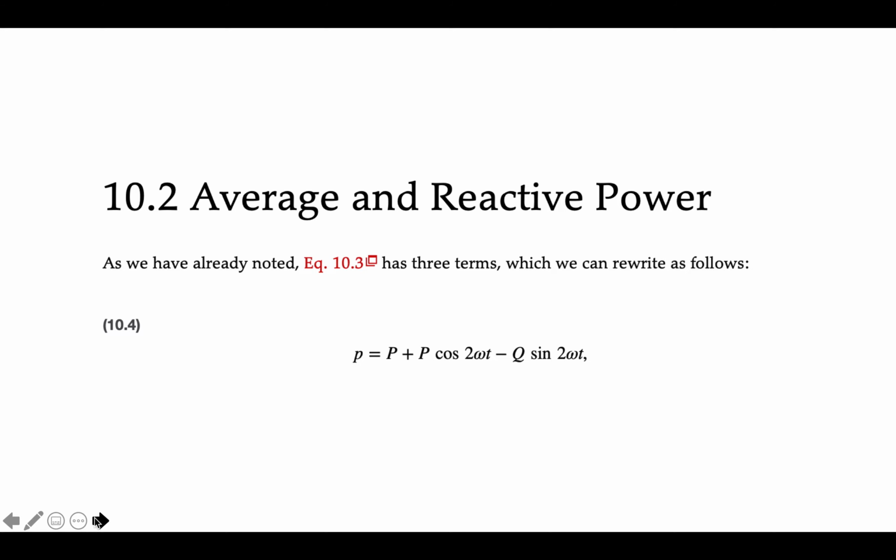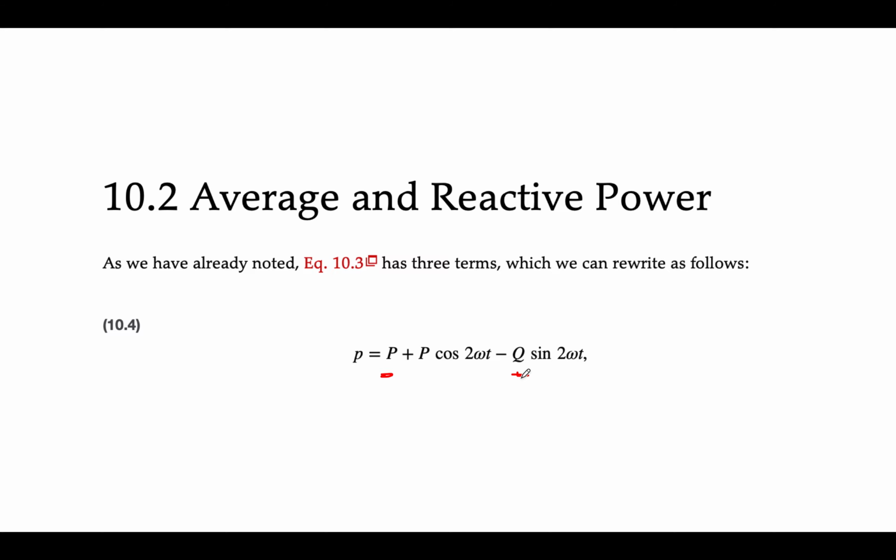All right, so we can rewrite this using a couple of shortcut terms, P and Q, where P is the average power and Q we're going to call the reactive power. This is another expression that you can use for instantaneous power, and it's possible to solve for P and Q first and then plug those into this expression for instantaneous power.